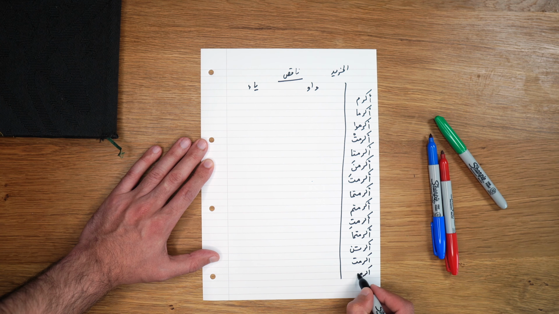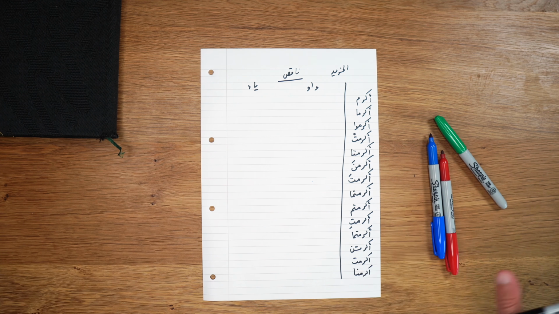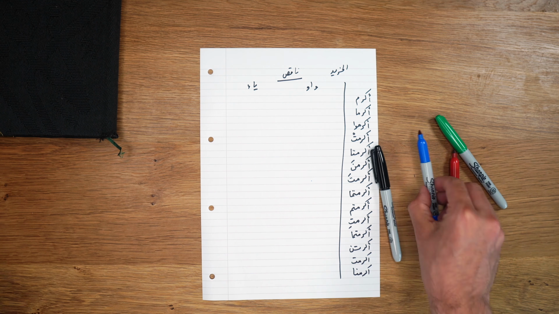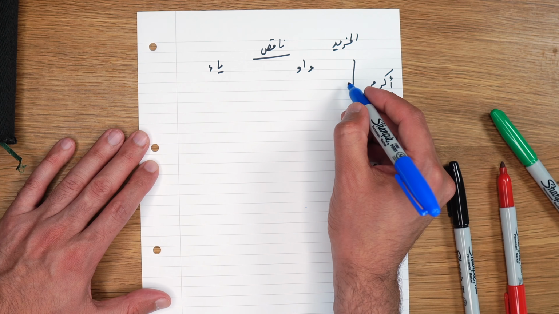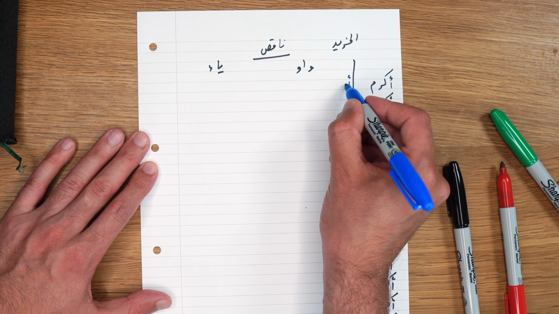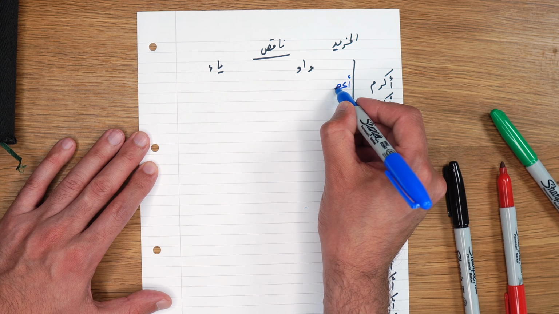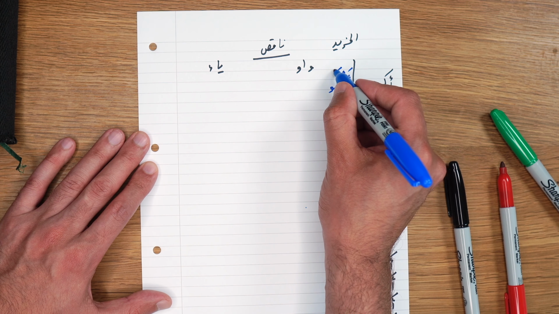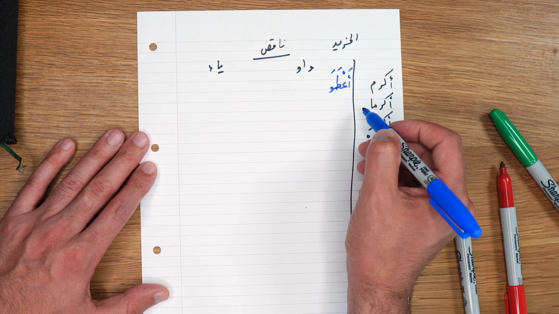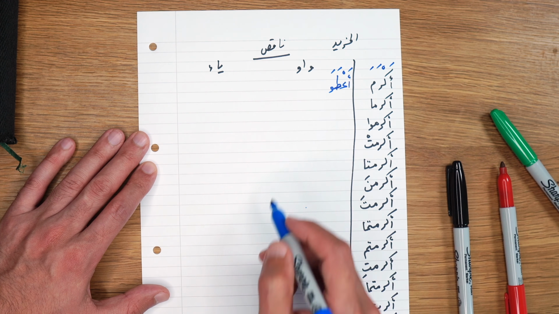Now I'm just going to do one, and the rest of them are going to be the same basically. So that's why I don't want to spend too much time on this. So if we started off with something like, for example, let's say a'ta. And a'ta originally is a'tawa, akrama, a'tawa.